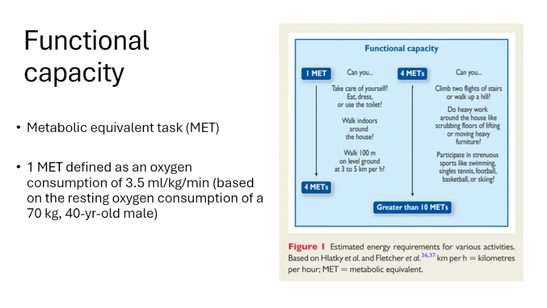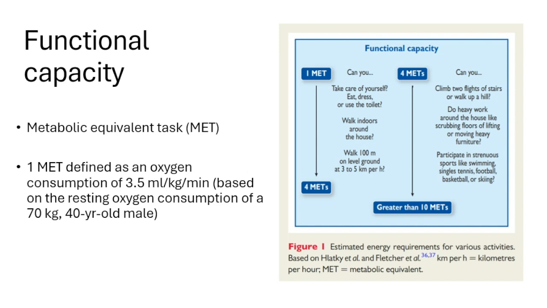The metabolic equivalence is oxygen consumption of 3.5 milliliters per kilogram per minute, and that's the resting oxygen consumption of a 40-year-old 70-kilogram man. So by assessing the MET value, if the MET value is less than 4, this patient has poor functional capacity.